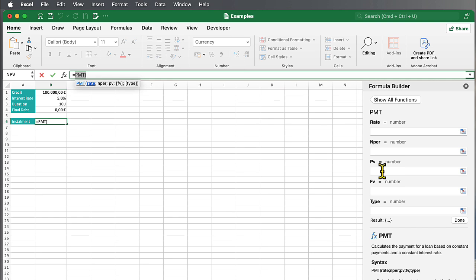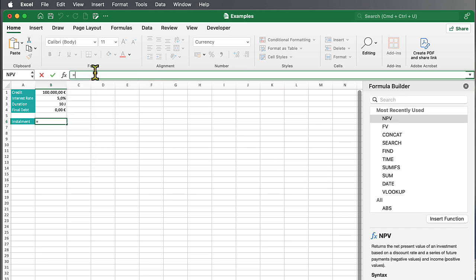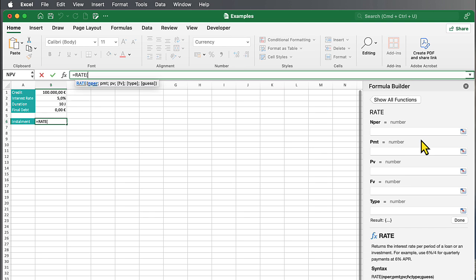So if you go in here into this formula bar and you enter, for example, rate, you see rate is a function by itself, and you have basically the same parameters as before, just payment is no longer a function but now a parameter, and that's basically true for all of these.